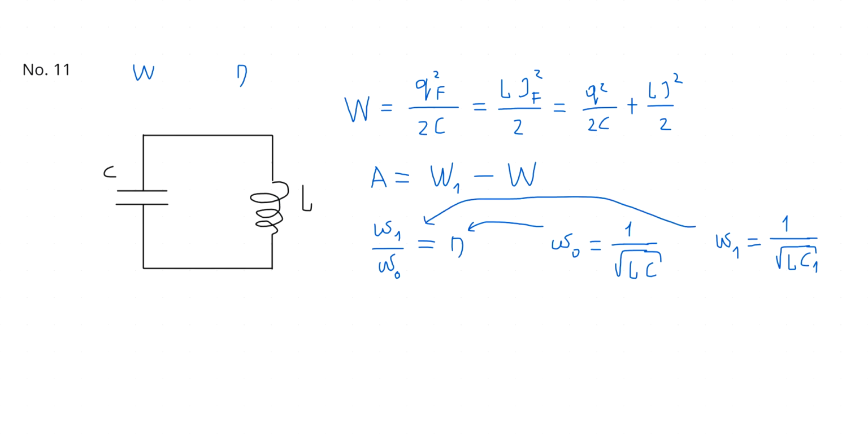So we will get that eta is equal to the square root of C divided by... 1 divided by the square root of L C1, divided by 1 divided by the square root of L C, and it will be the square root of C divided by C1, and so it will be.